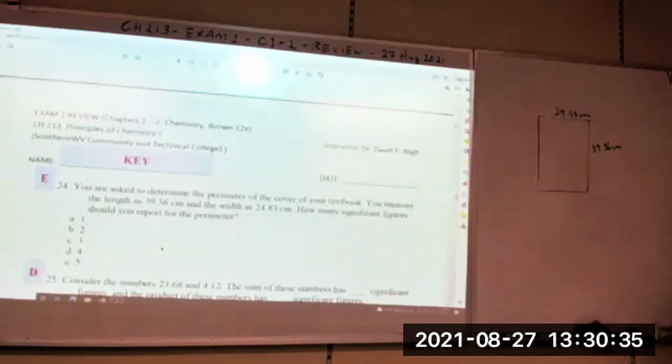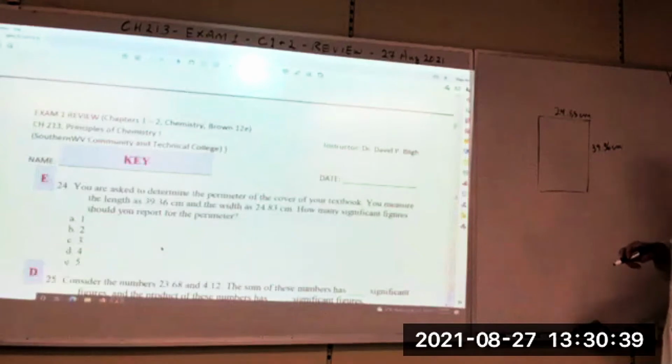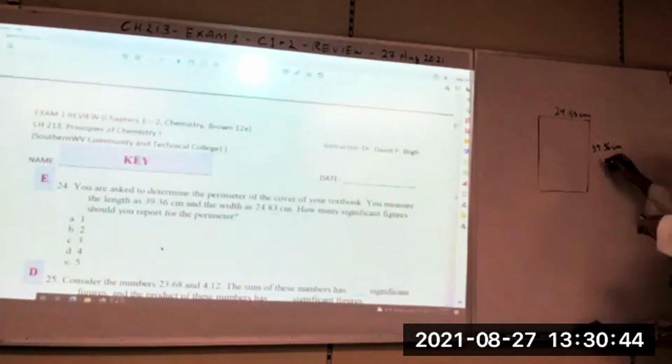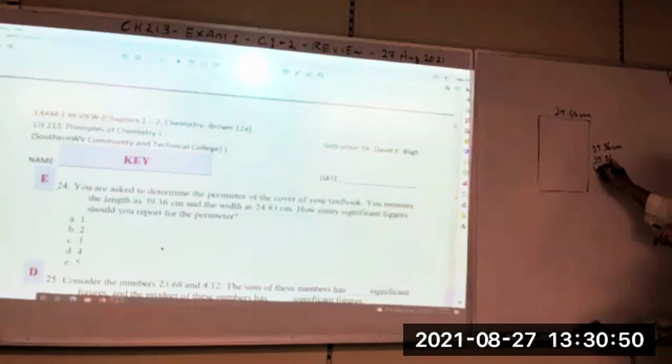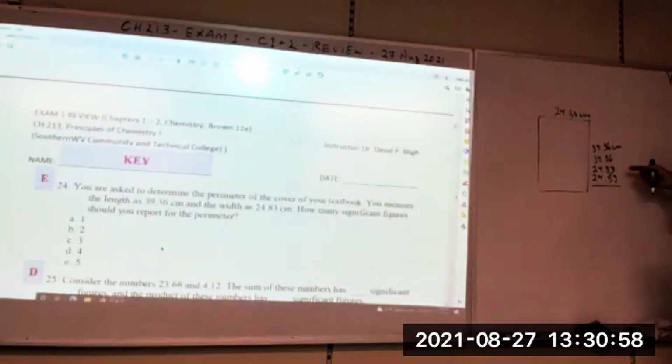If we're doing the perimeter, it's an addition problem, isn't it? So the rules for addition and subtraction apply for calculations in significant figures. So you would add 2 of these together, these 2, both sides, and then these 2 together. And then we've got 4 significant figures here, here, here, and here.